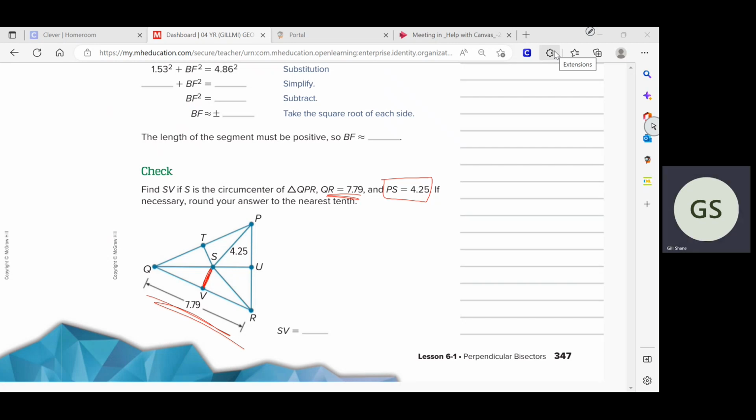How did you go from this number to that?